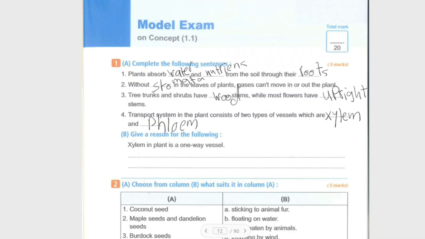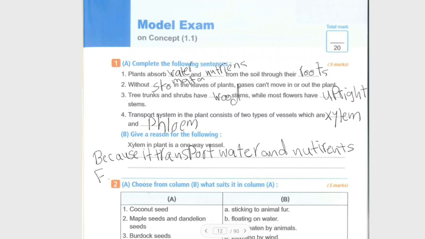Why? We will say because it transports water and nutrients from the roots of the plant to the leaves. Okay.